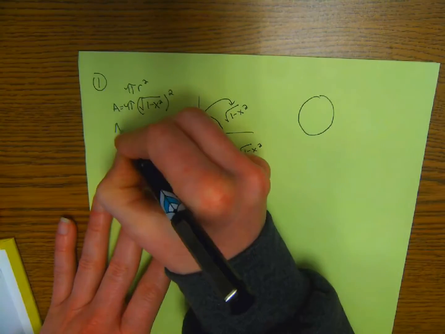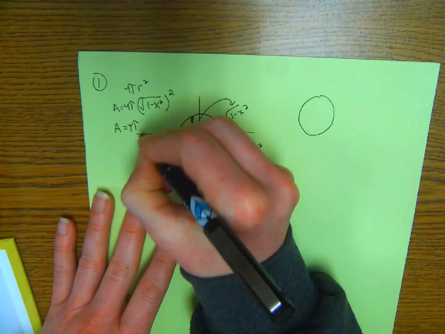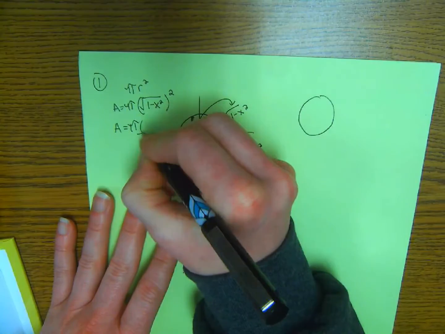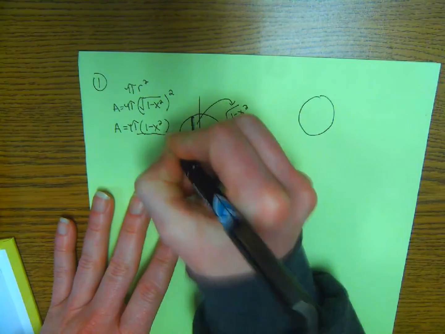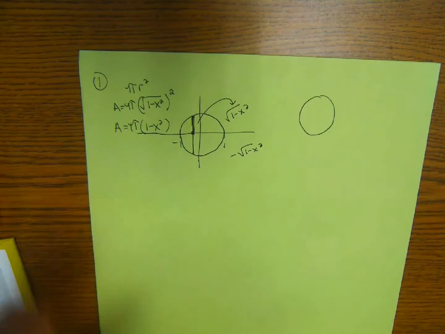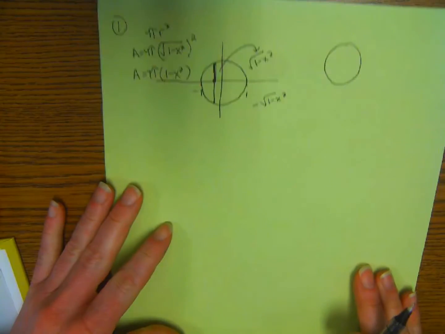What happens when we square a square root is that it goes away, and so this is your equation. You were only asked for the area of one of those, so you're not asked to do the whole problem.